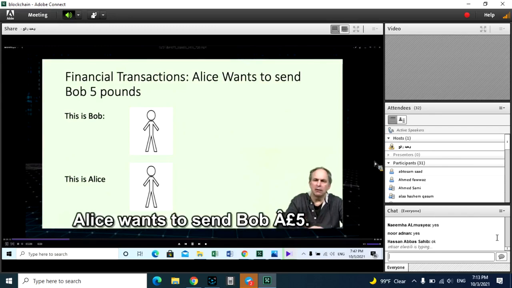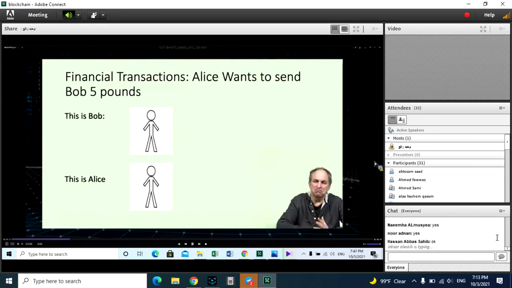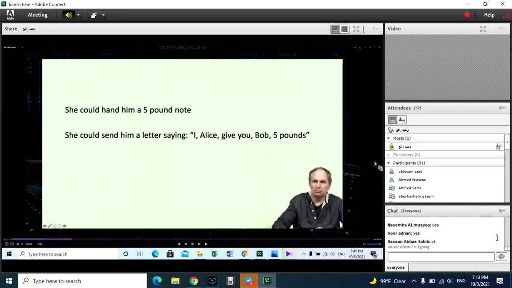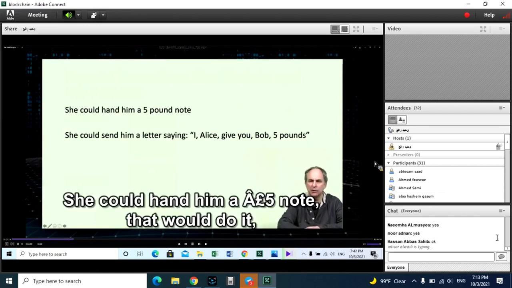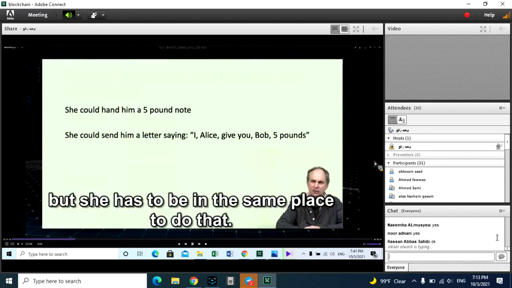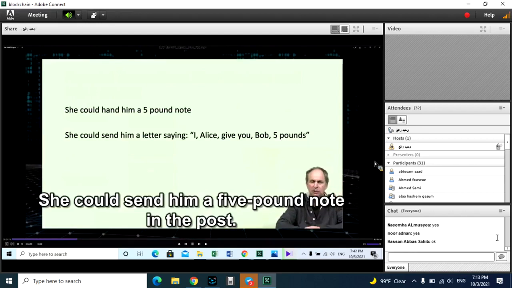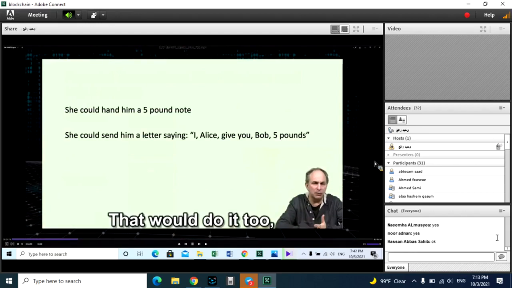Alice wants to send Bob £5. Well, she could hand him a £5 note. That would do it, but she has to be in the same place as him. She could send a note in the post. That would do it too, but it doesn't feel all that safe, and it's not that quick.